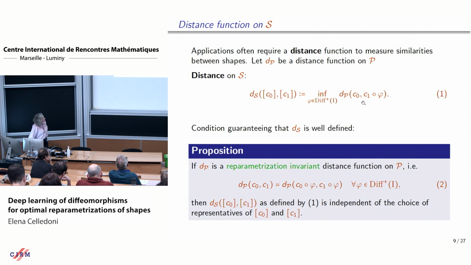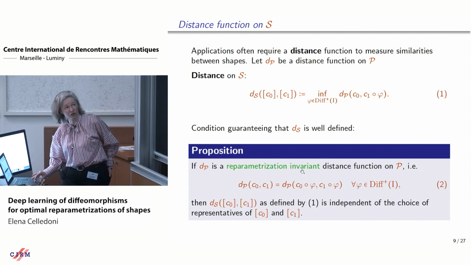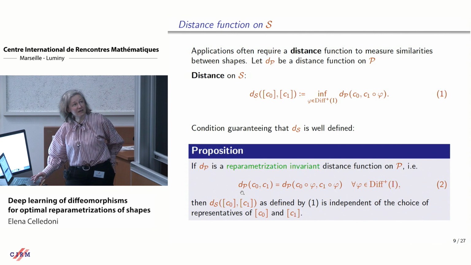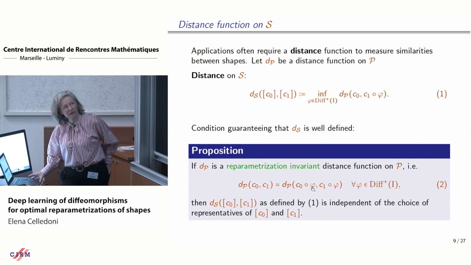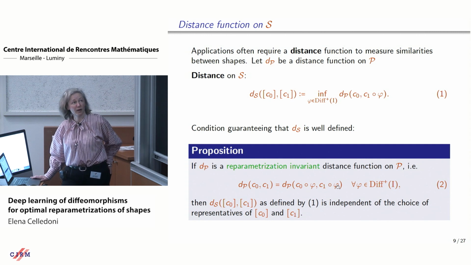And this is possible if this d_P is of an appropriate type. It's reparametrization invariant, which means that the distance between C0 and C1 is the same if I reparametrize both C0 and C1 with the same reparametrization.